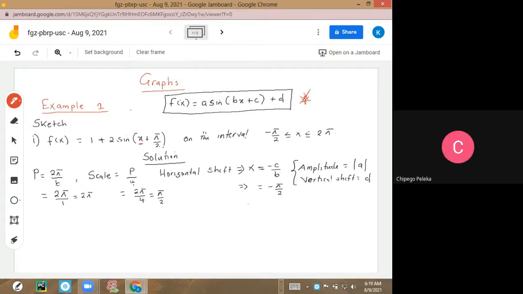So meaning we don't have the vertical shift in this case? The number standing alone will always be D, which is 1. Sir, I also have a question. The function you've written up there is for what?